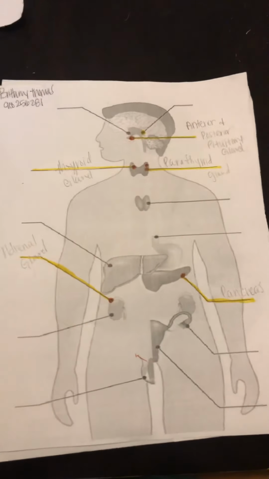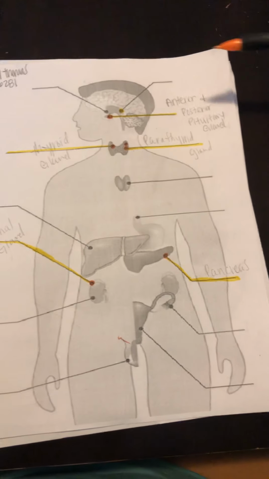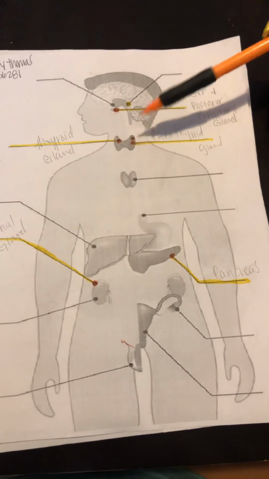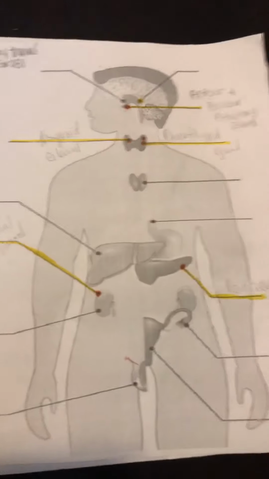Okay, so that's a list of the endocrine glands labeled. We have the anterior and posterior pituitary, thyroid, parathyroid, pancreas, and the adrenal gland.